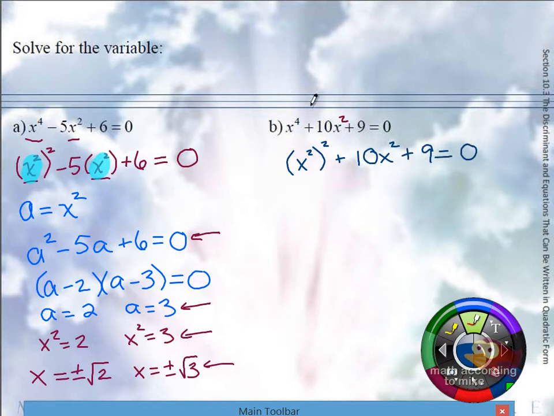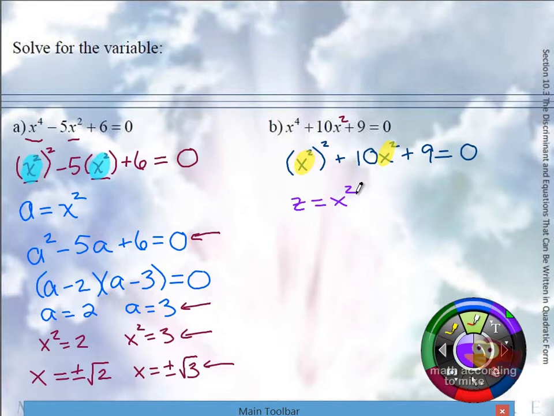One, the exponent on one is twice the other. And two, I see something being repeated, the x squared. So whatever is being repeated, give it a new name. Z it is. So z is x squared.